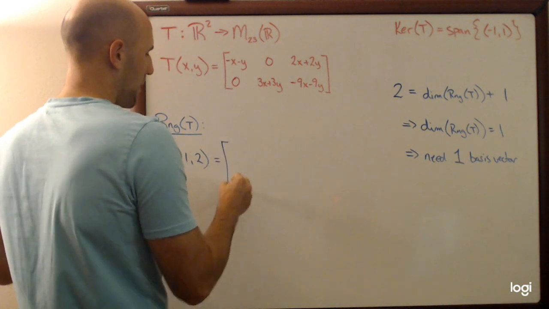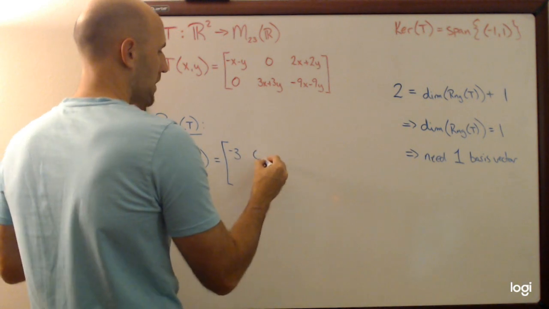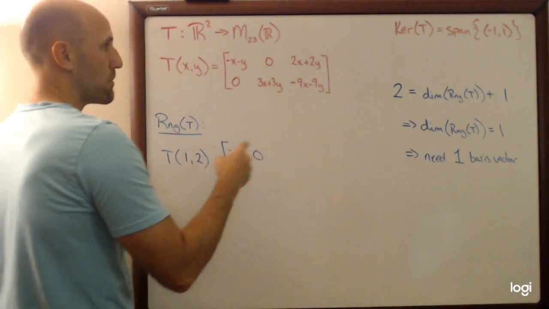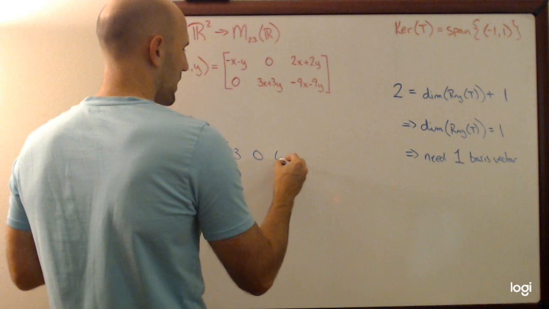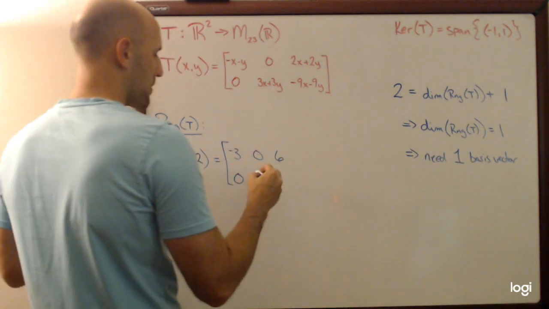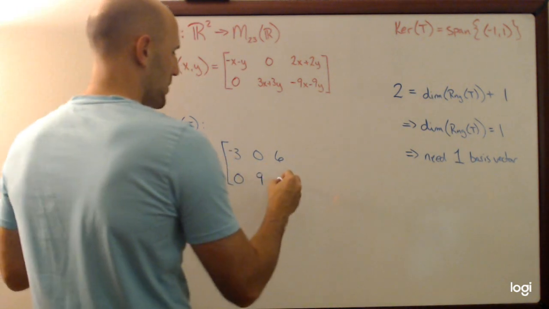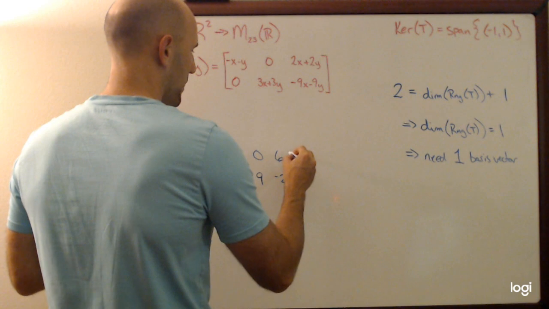That gives me negative 1 minus 2, that's negative 3. 0. 2 times 1 plus 2 times 2, that's 6. 0. 3 times 1 plus 3 times 2, that's 9. Negative 9 times 1 minus 9 times 2, that's negative 27.